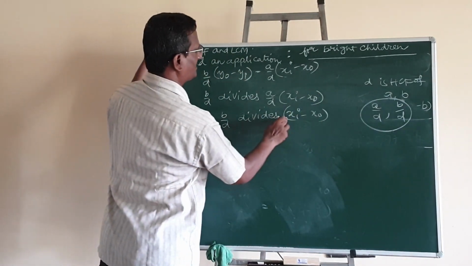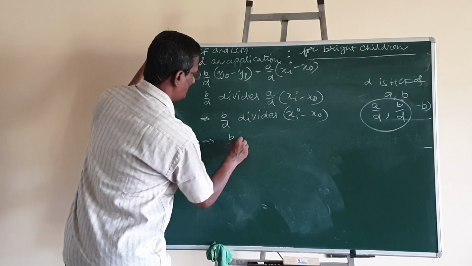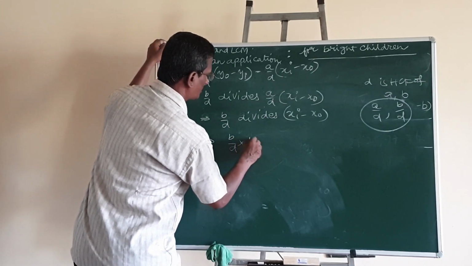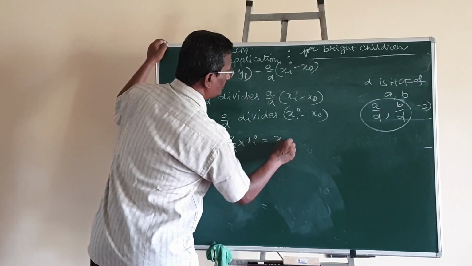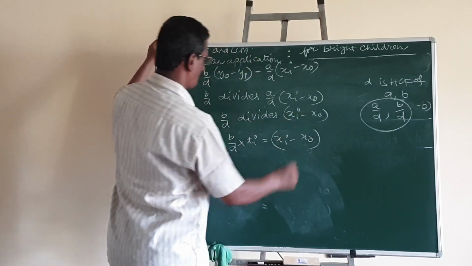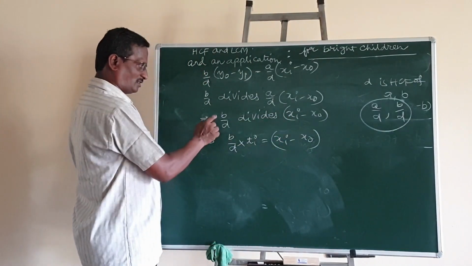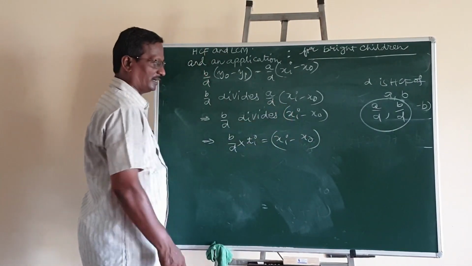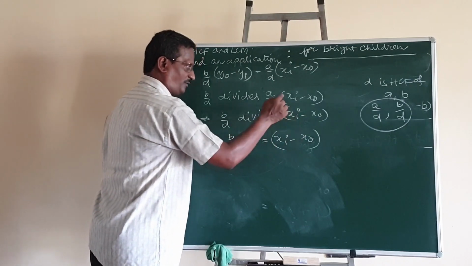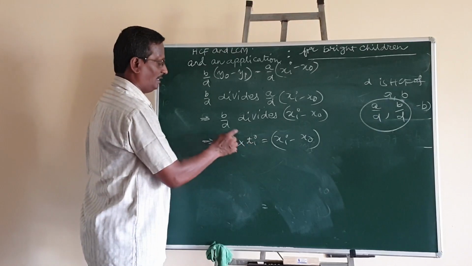Suppose b by d divides xi minus x0, this implies b by d into some constant ti is equal to xi minus x0. Hope you have understood. b by d divides this much, means b by d is a factor of this one. If b by d is a factor of this xi minus x0, let us take an integer ti.